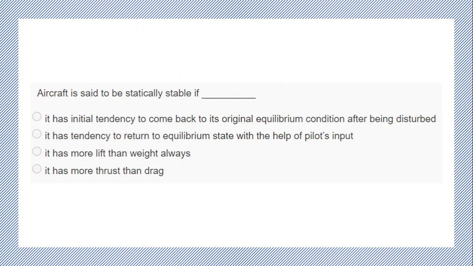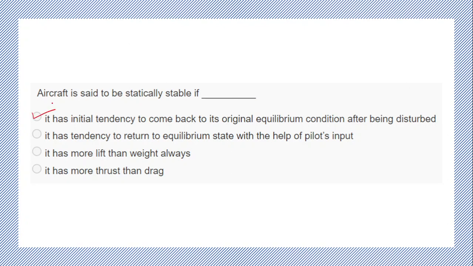An aircraft is said to be statically stable if it has an initial tendency to come back to its original equilibrium condition after being disturbed. It has a tendency to return to equilibrium state with the help of the pilot's input. It has more lift than weight always. It has more thrust than drag. First option, correct.